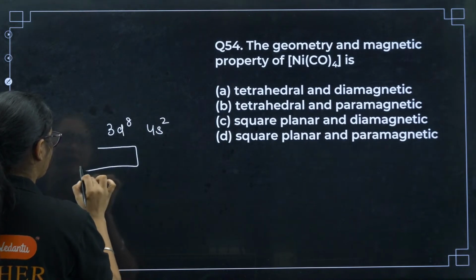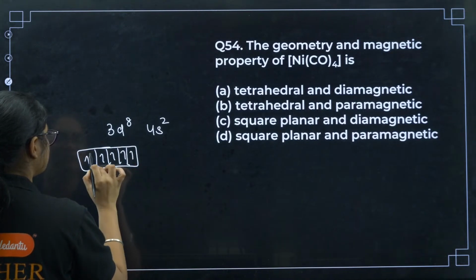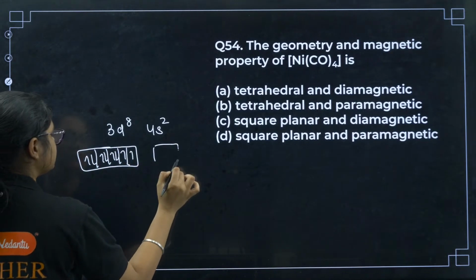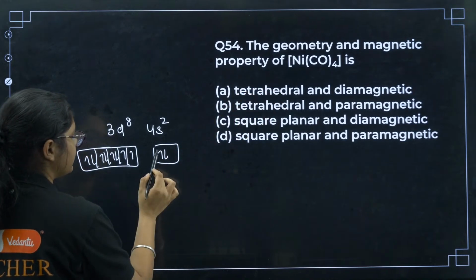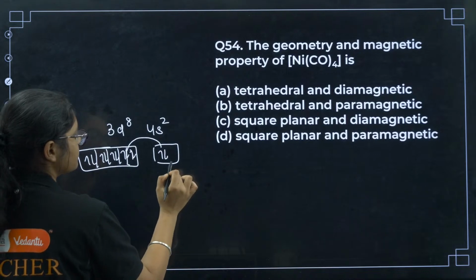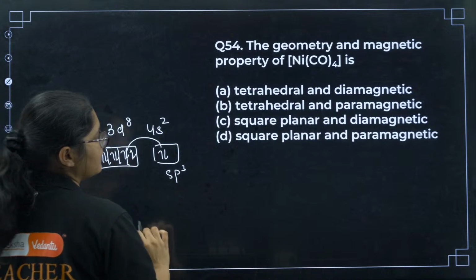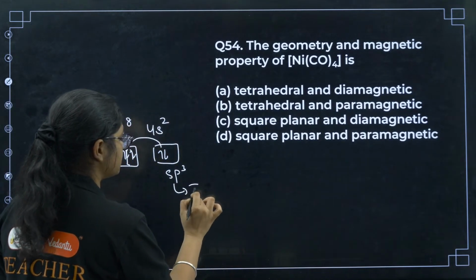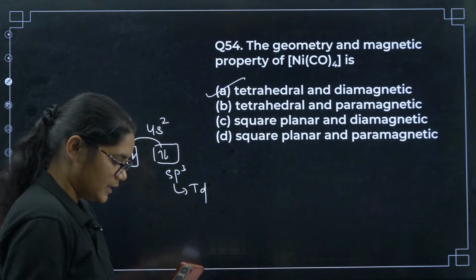Okay, so you have 1, 2, 3, 4, 5, 6, 7, 8, and these 2 electrons, due to CO being a strong field ligand, will pair up here, right? So we will get sp3 hybridization and there will be no unpaired electron. So sp3 hybridization means it is tetrahedral and diamagnetic, option number A here.